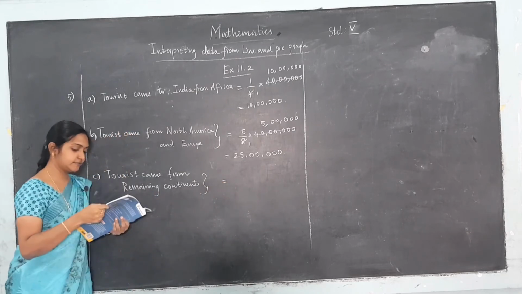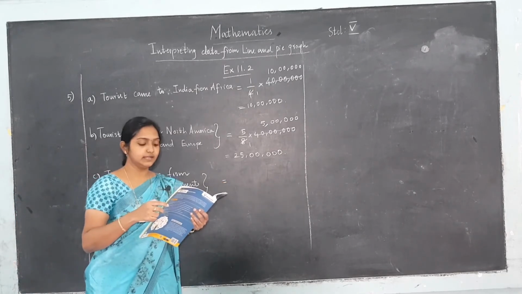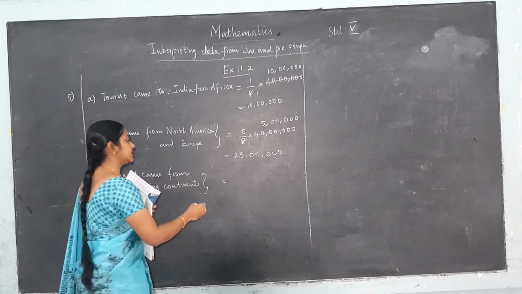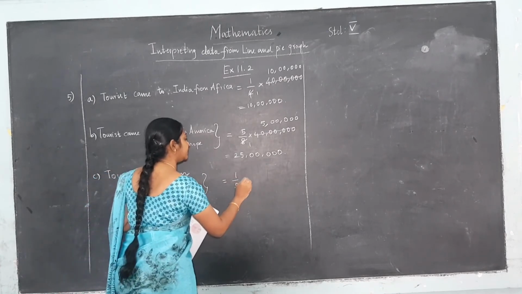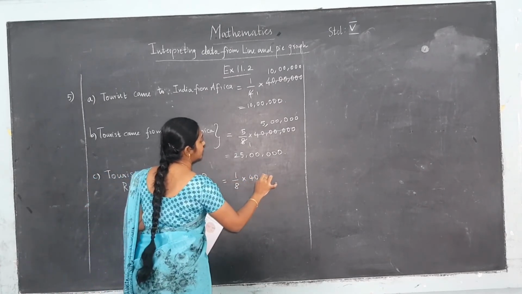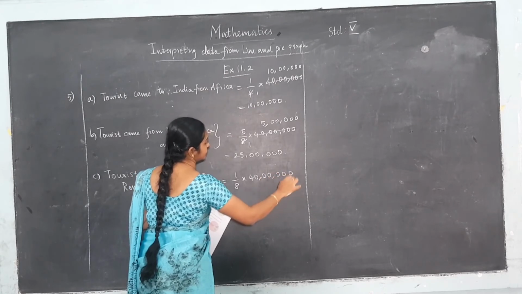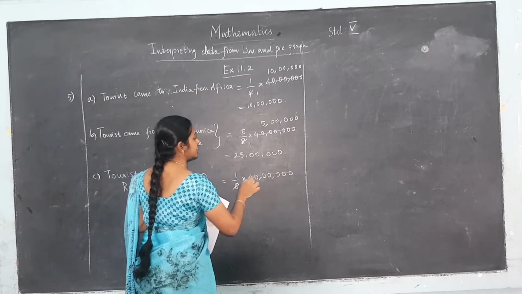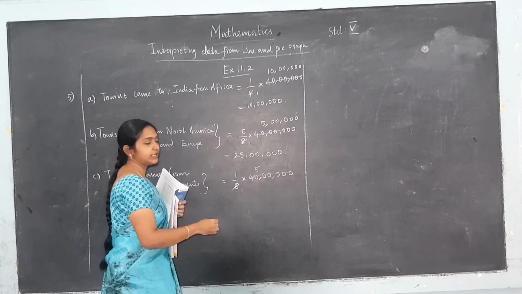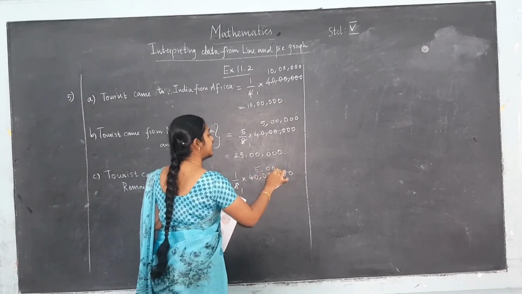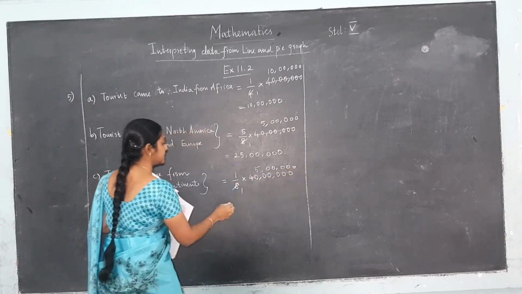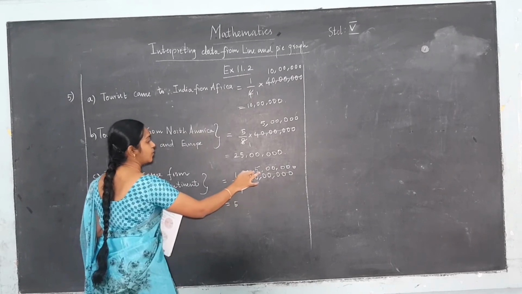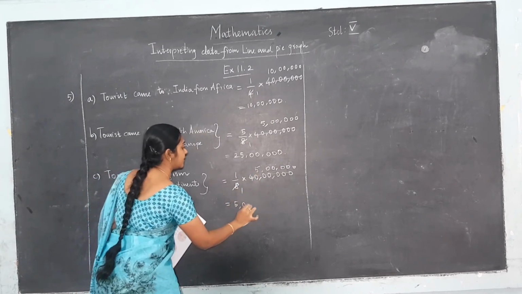Look at the pie graph. Remaining continents is 1 by 8 of the circle. So, with 1 by 8 we have to multiply 40 lakhs. 1 8 is 8, 5 8s are 40. Next, write the remaining zeros as it is. So, it is 5 lakhs. 1 into 5 lakhs is 5 lakhs.